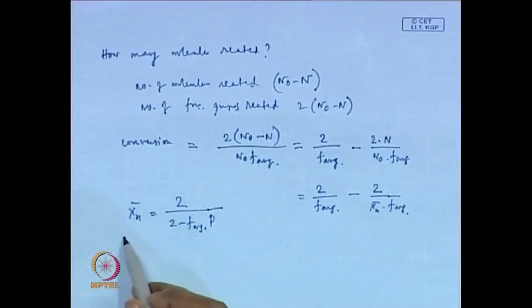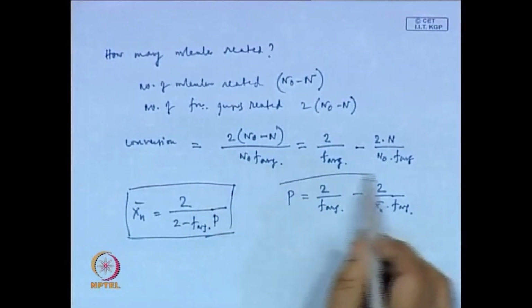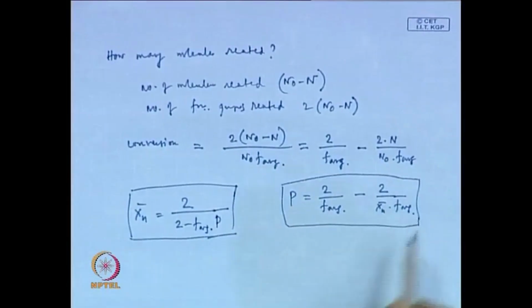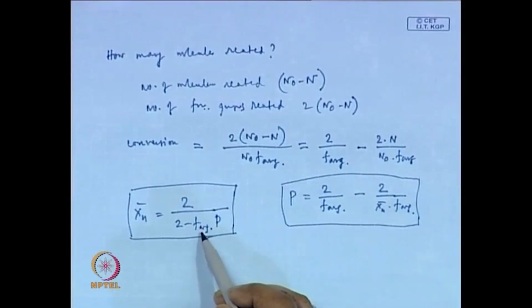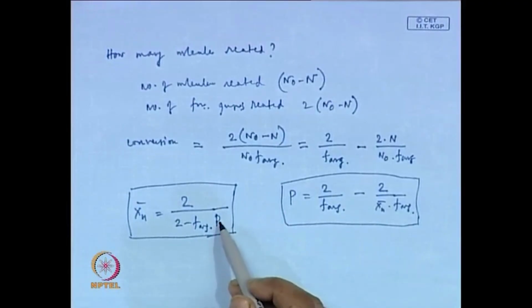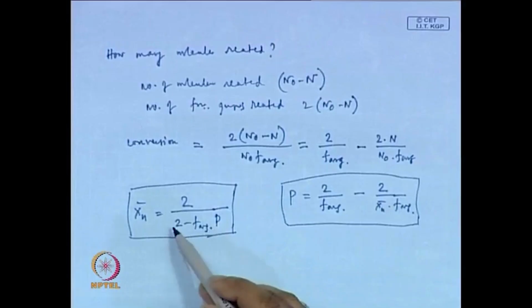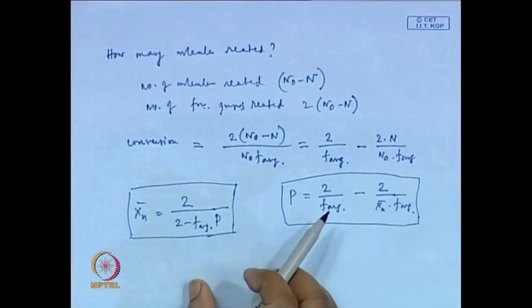So in this case, this is the Xn and this is your p, the conversion. Now, from this expression we can know that if F average is higher, more than 2, then for a given p value, a given conversion, we will get a higher molecular weight, higher degree of polymerization, in comparison to a linear polymer.